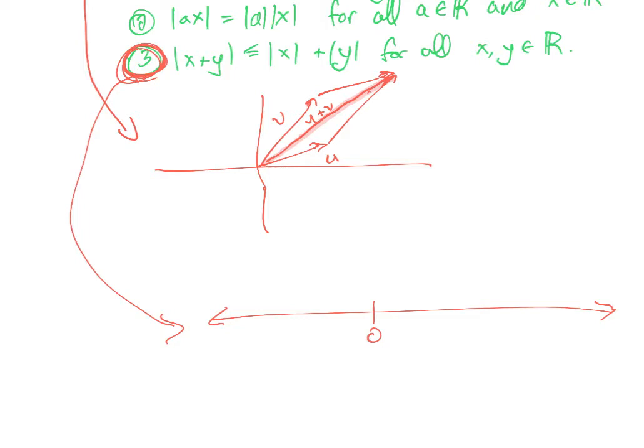Let's say x is there, and let's say y is out here, a little bit bigger than x. Then x plus y is out here. And I hope you can see we've got a triangle here. It's just a very degenerate triangle.